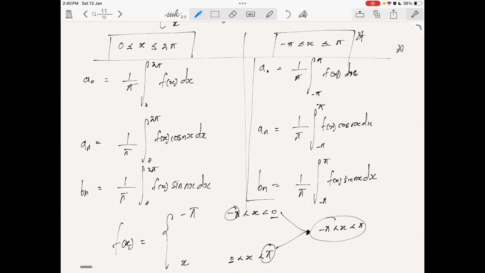So this will be the formula we are going to use to evaluate a naught, an, and bn. In our last two videos we used the formula for 0 less than x less than 2 pi, because the question we had was from 0 to 2 pi.